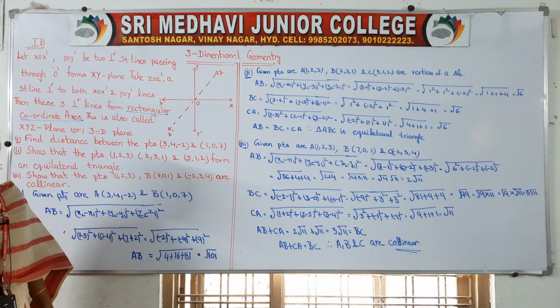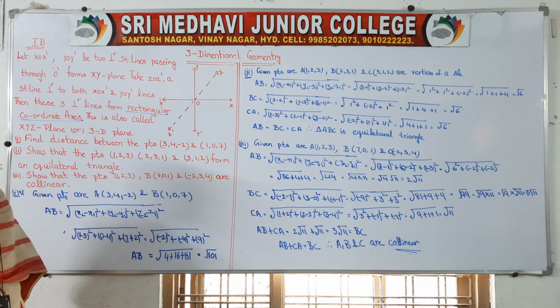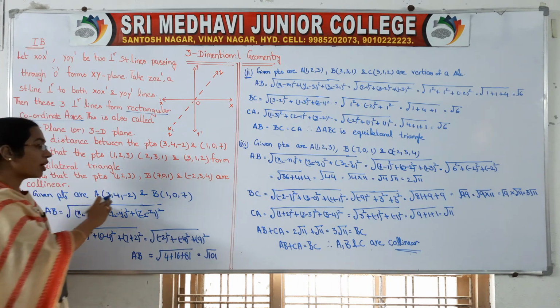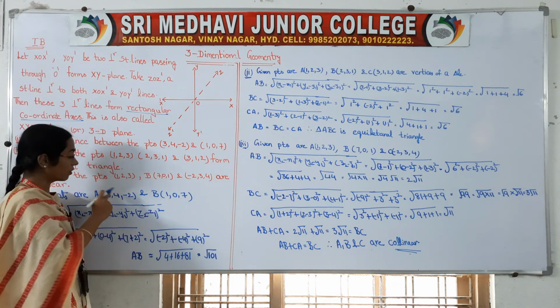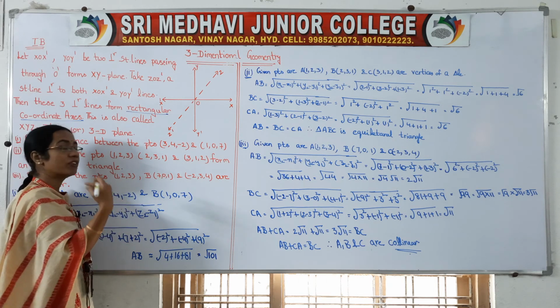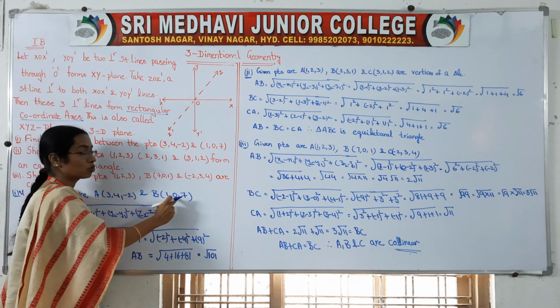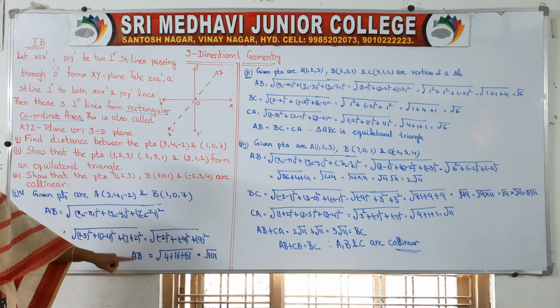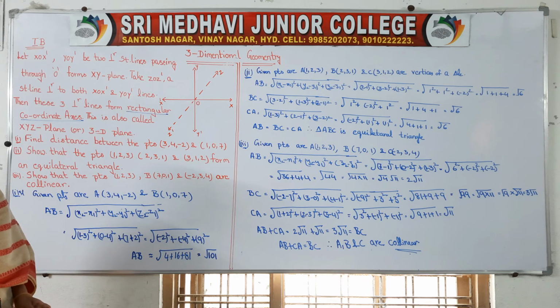If you take any point in this chapter, you will have an x coordinate, y coordinate, z coordinate. If 2 points are there, to make the difference, we take one point as x1, y1, z1 and the other point as x2, y2, z2, and just substitute in the formula to get our AB value.